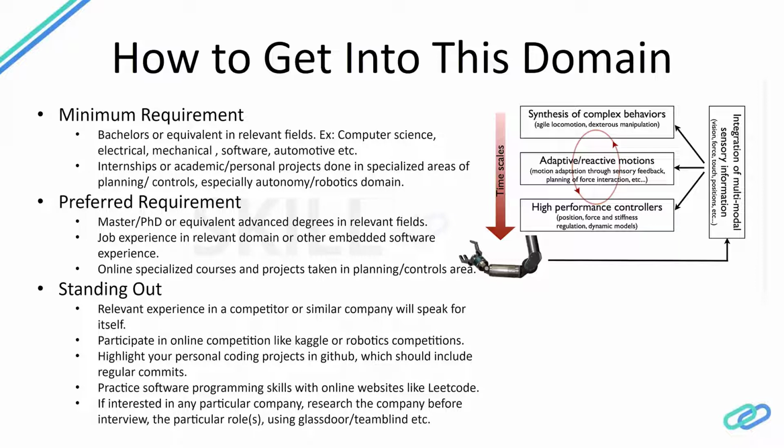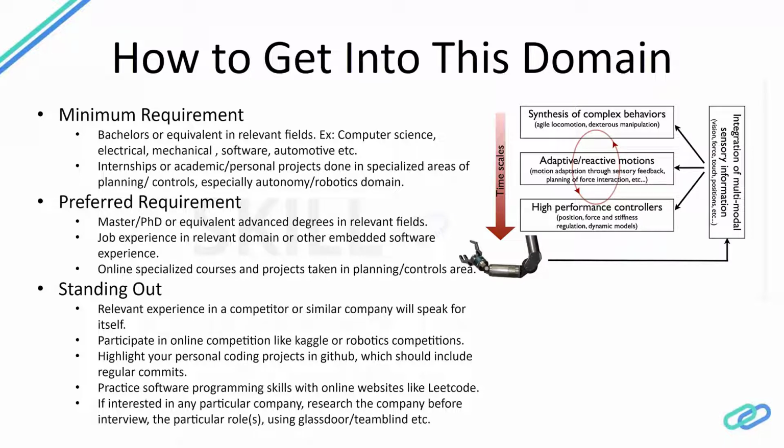But for motion planning and controls, a lot of stuff is not possible online. So you'll perhaps have to get involved in local robotics competitions. This is important: highlight your personal coding projects on GitHub, which should also include regular commits, to show that you are really interested in software, not just trying to get a job.